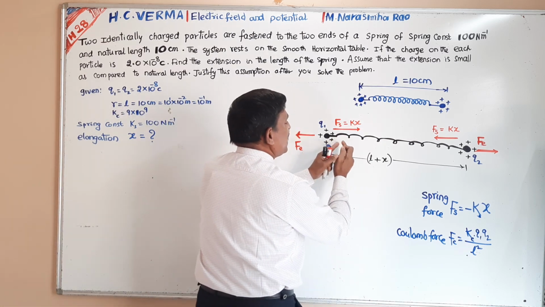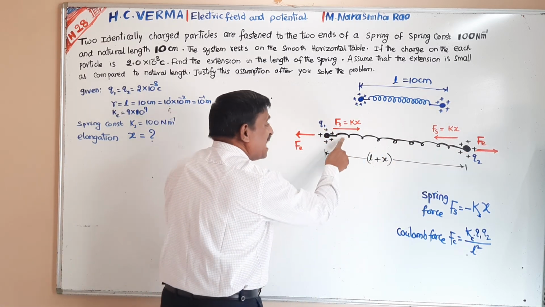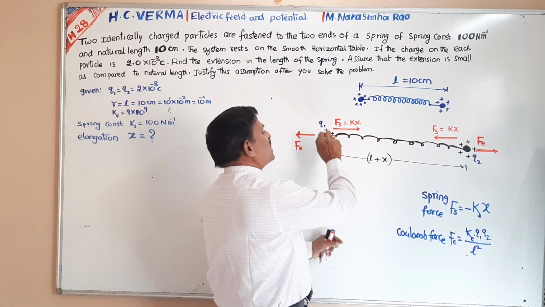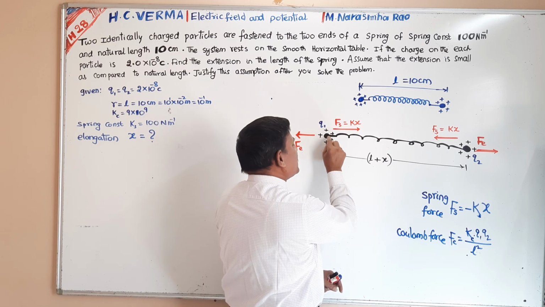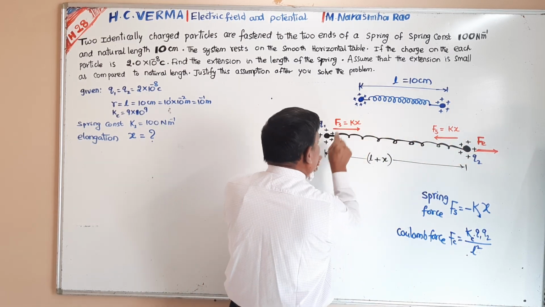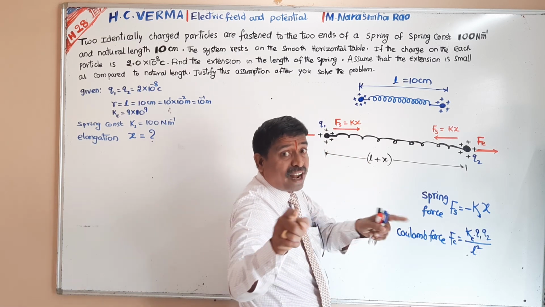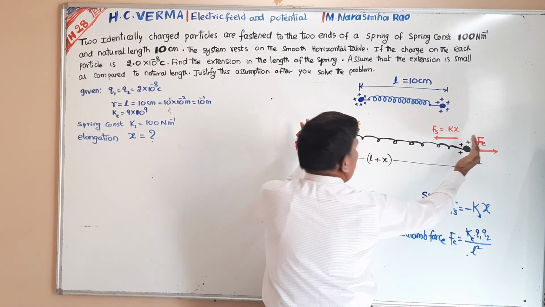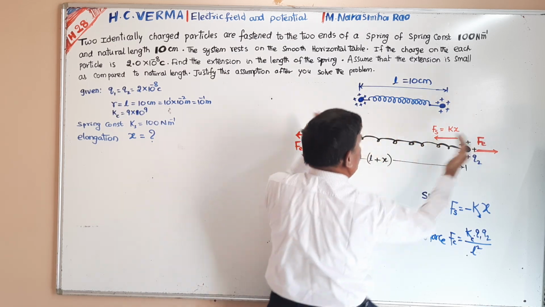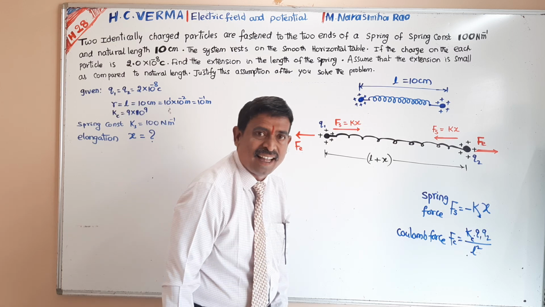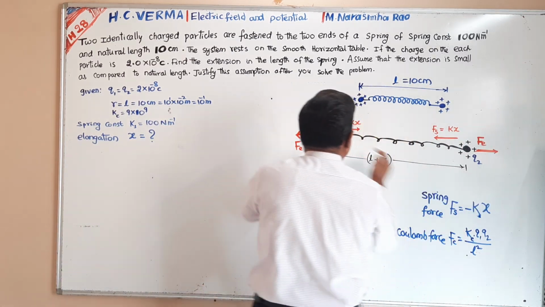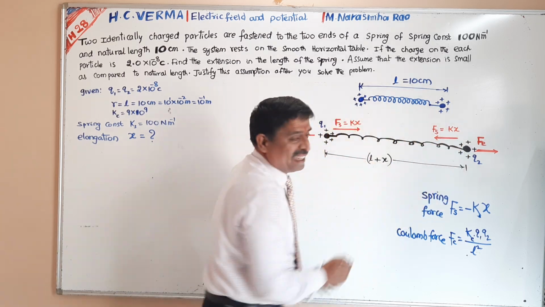When there is an elongation in the spring, some forces are developed inside the spring. Those are spring forces, and they are trying to bring the spring to the original position. The spring force is acting like this, and the electric force of repulsion is acting like this.